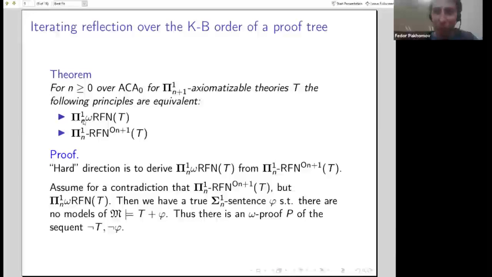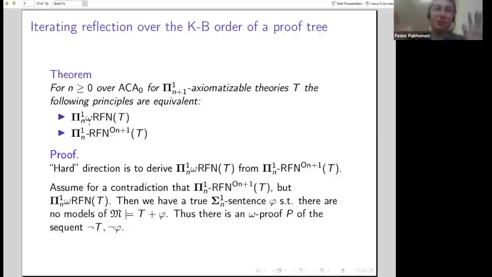It's just some adaptation corresponding to the fact that now we are talking about iteration of reflection rather than induction. So the basic idea of this argument is the following: if there are no omega models of something, say theory T plus some true sentence, then by formalized completeness of omega proofs there exists an omega proof of the negation of the thing that we want to have an omega model of.